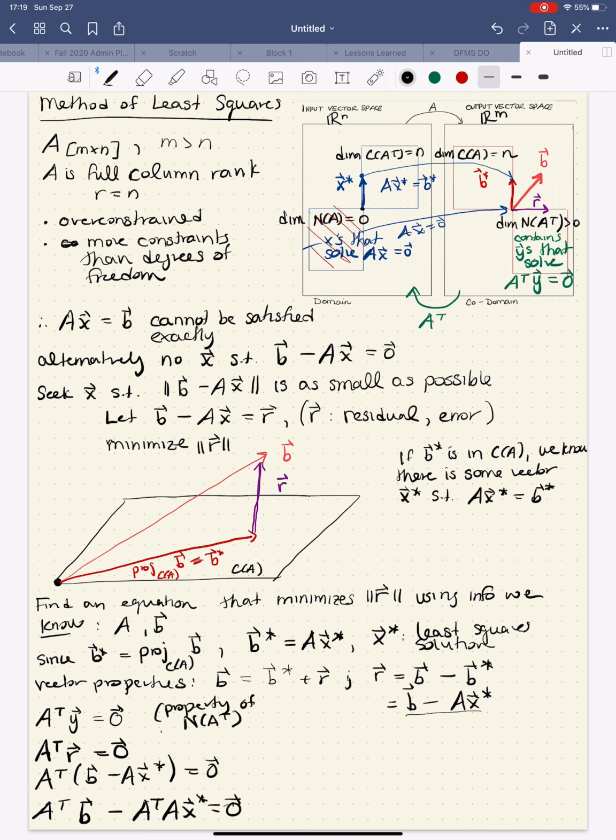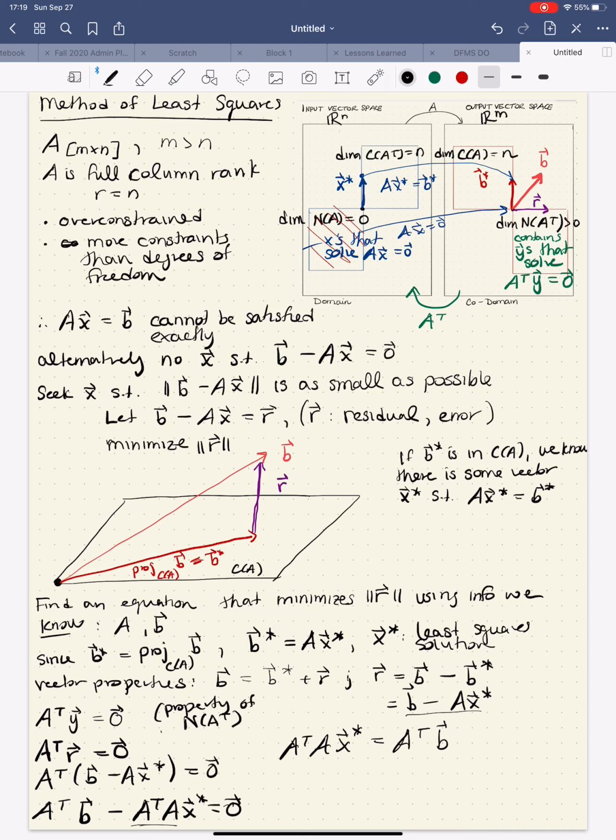Notice you have to be careful with the A transposes here. All right, and now I prefer to have what I'm solving for on the left-hand side, so I'm just going to rewrite this as A transpose A X star equals A transpose B.